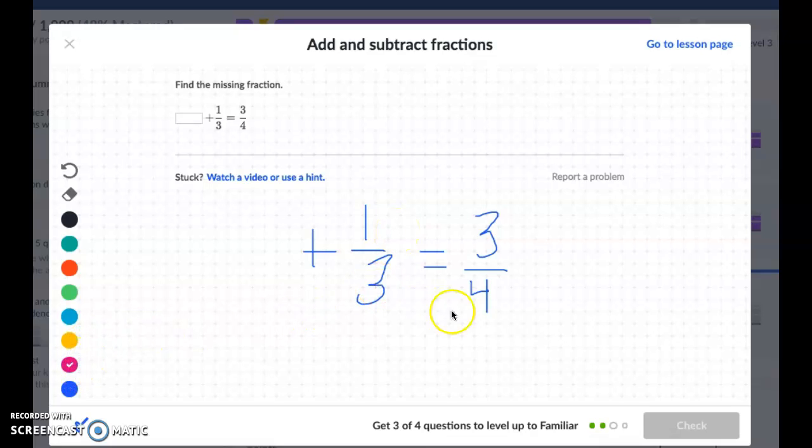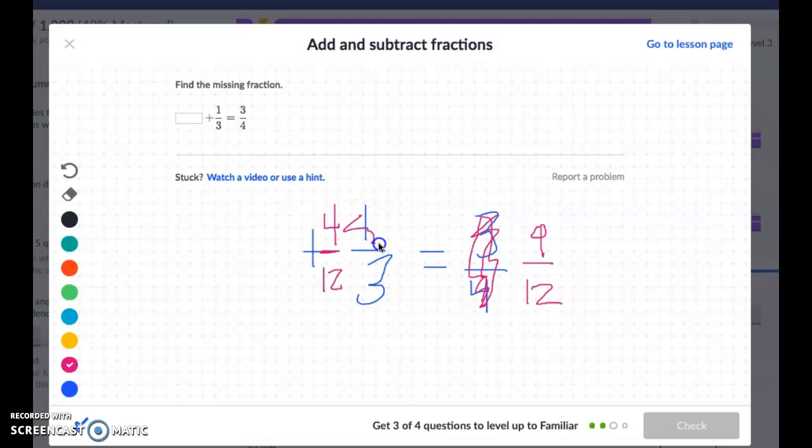3 times 4 is 12, so I'm going to make both fractions out of 12. So 4 times 3 is 12, and 3 times 3 is 9. So now I have 9/12. I'm going to ignore this because I just made that into 9/12 to make it easier for my brain. Then if I change this one, 3 times 4 is 12, so 1 times 4 is 4.